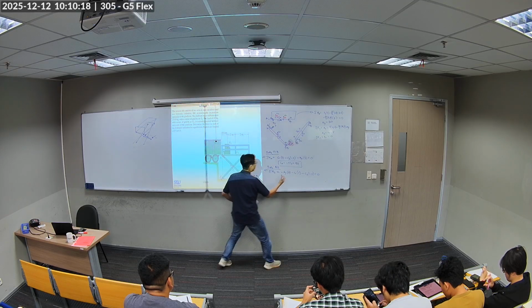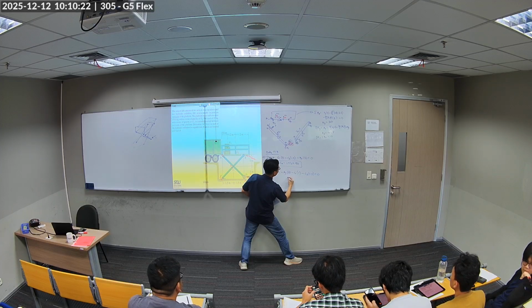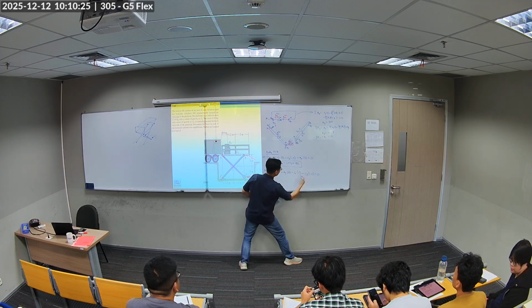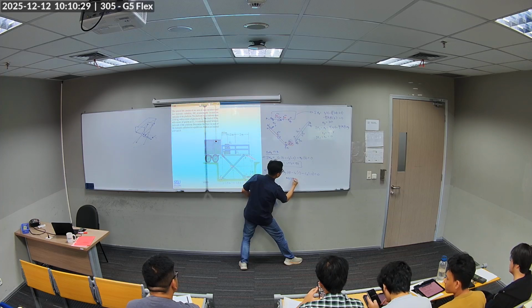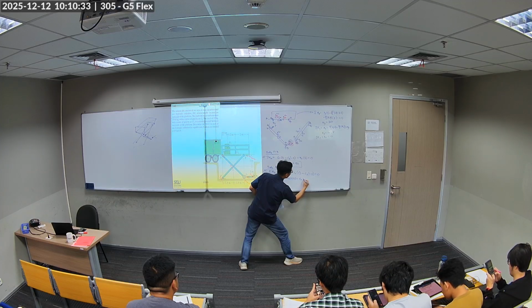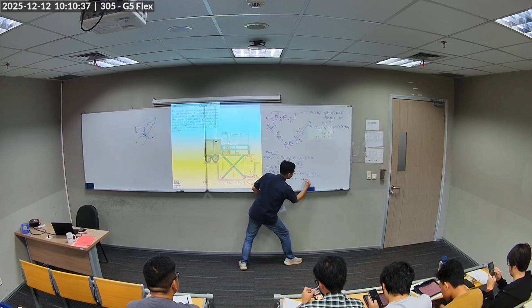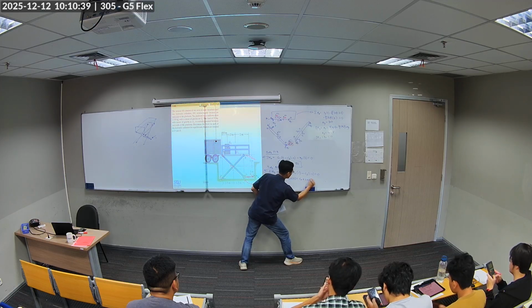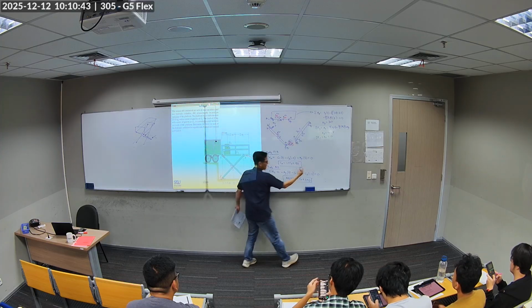We're good? Okay, we know AY, so I'm going to move that to the other side. So 403.5 times 3 equals CX plus 1.5 CY. So that's my second equation.